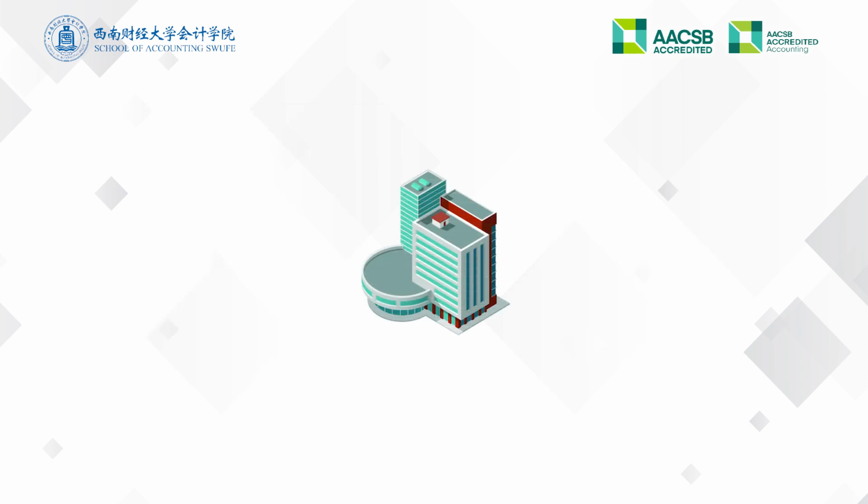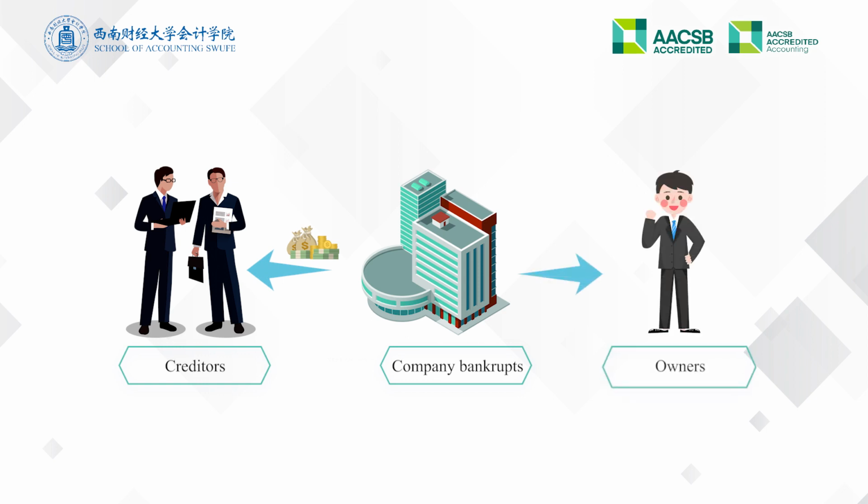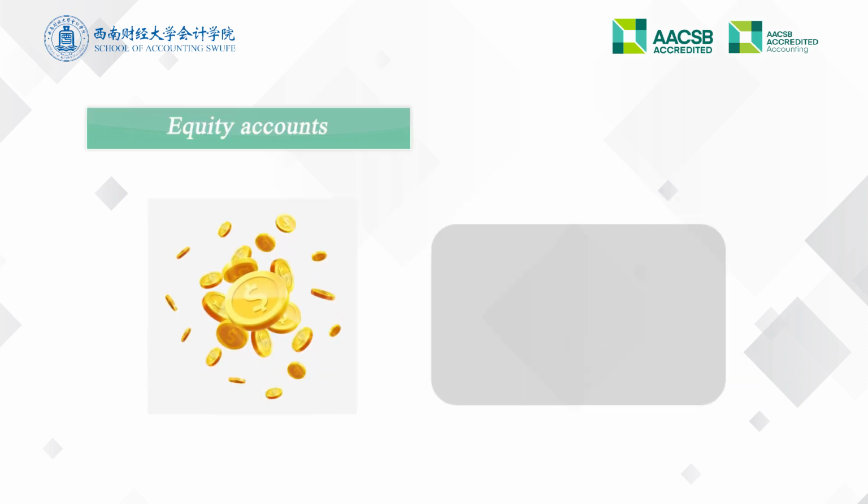For example, if a company goes bankrupt, the creditors will take the assets first, and the remaining assets belong to owners. The equity accounts can be further divided into revenues, expenses, owner's capital, and owner's withdrawals accounts.